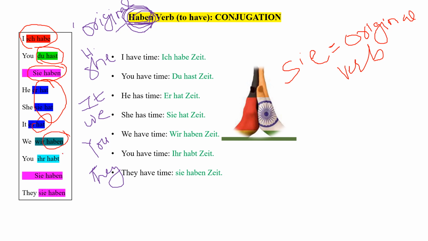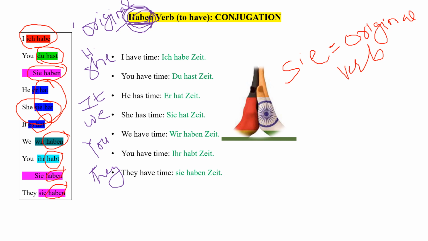You, ihr habt, if it is plural informal. Sie haben. All right. Is it okay or is it not okay? All right. Now you just think almost all the scenarios are equal to the original form of the verb except the one which is er, sie, es.